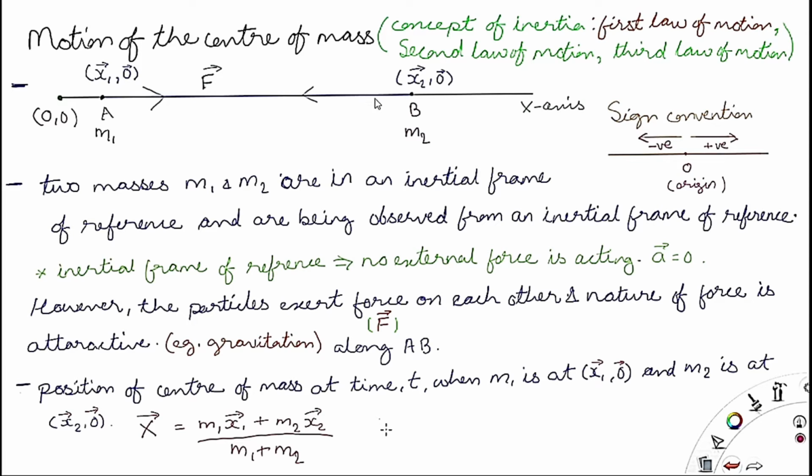So this motion can be observed in a linear term. Means this can be done with one axis. So we have chosen that axis as the x-axis, and the position of m1 is x10 and position of m2 is x20.